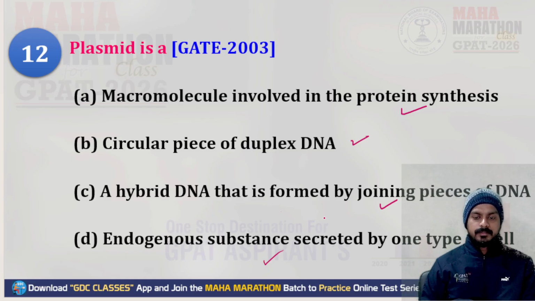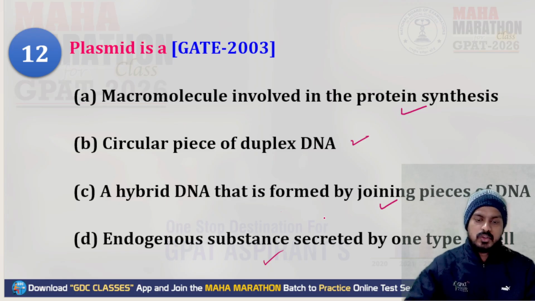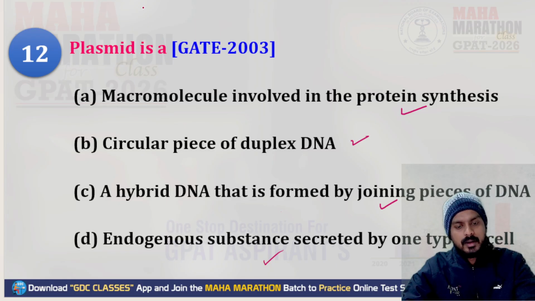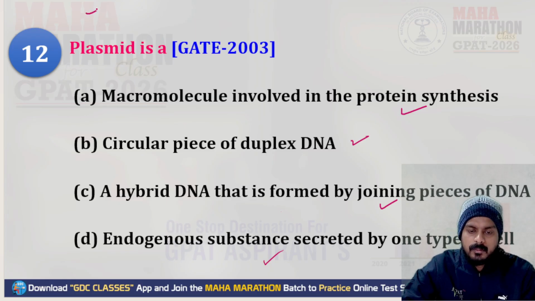What is plasmid? So plasmid is basically an extra chromosomal DNA of any type of prokaryotic organism.